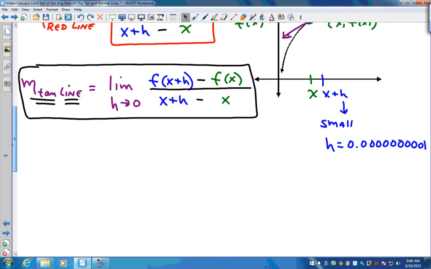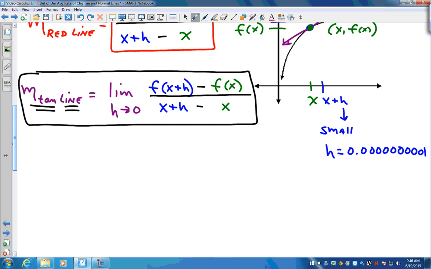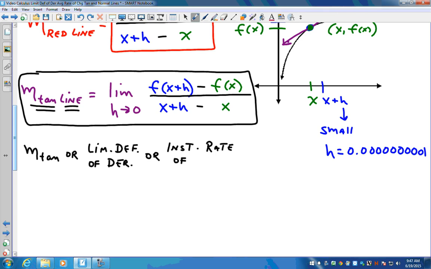All right, so let's tweak this formula a tiny little bit and say that the slope of this tangent line, or the limit definition of the derivative, or the instantaneous rate of change, or the slope of a curve at a single point, is the following formula.